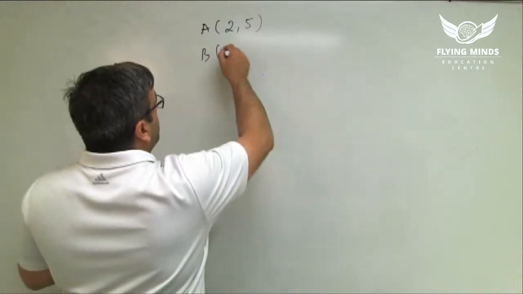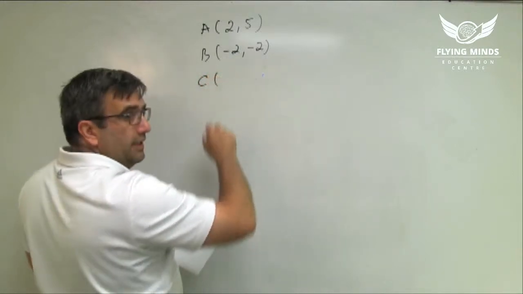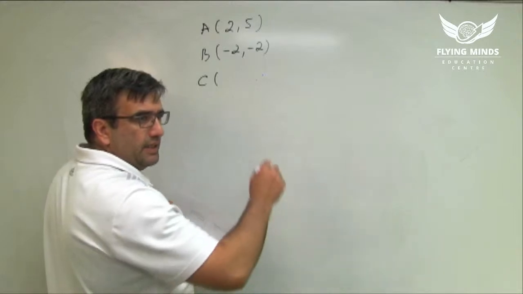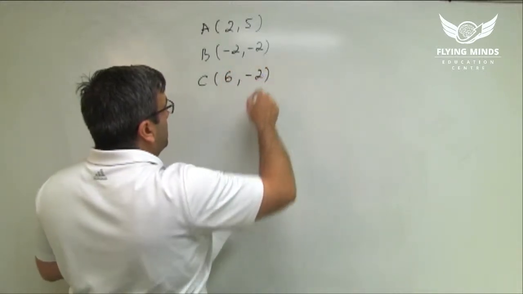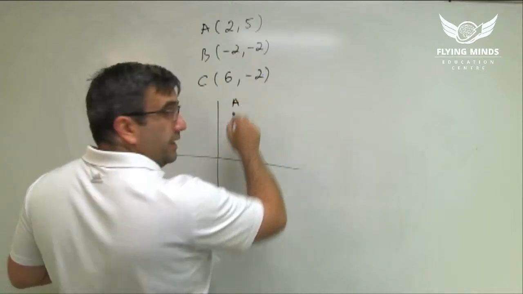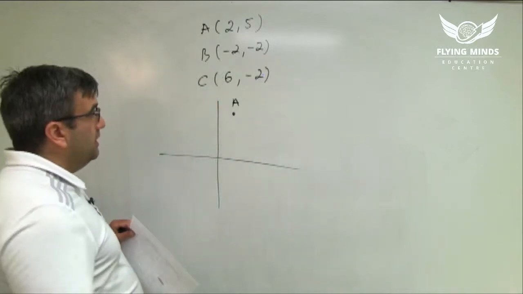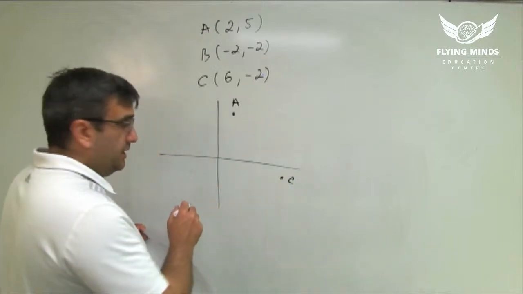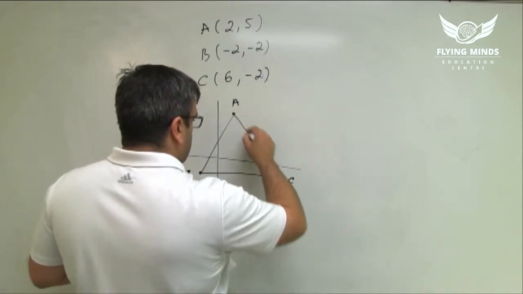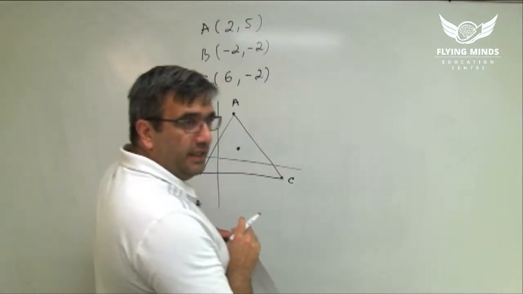B is -2, -2. And C is 6, -2, right? And we rotate. So this will be A, C. And D is 2 and 1.